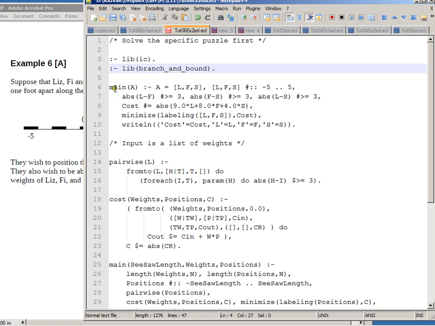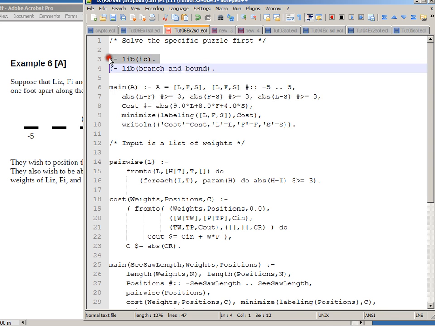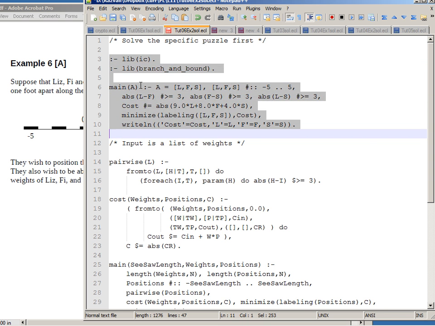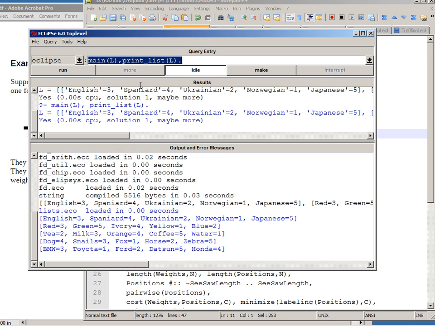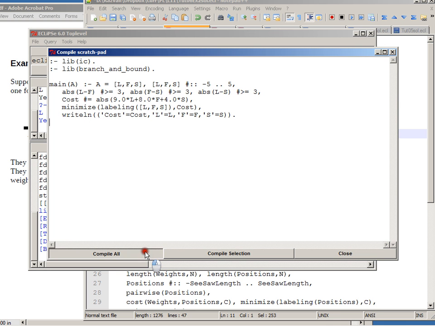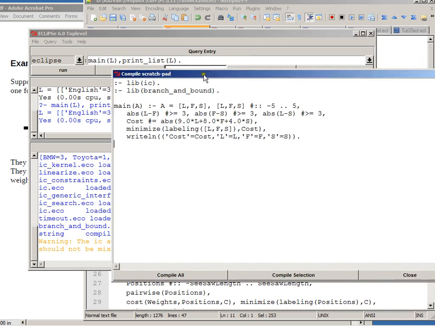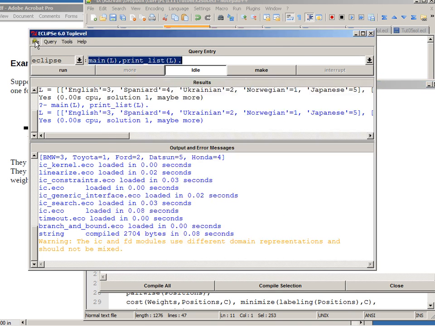All right, so let's run this first because it's just one predicate. Actually, we have to load this. So I just cleared it.